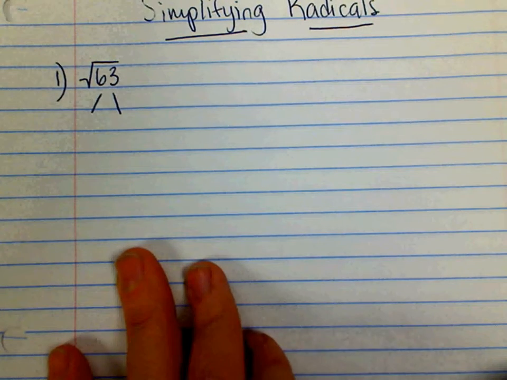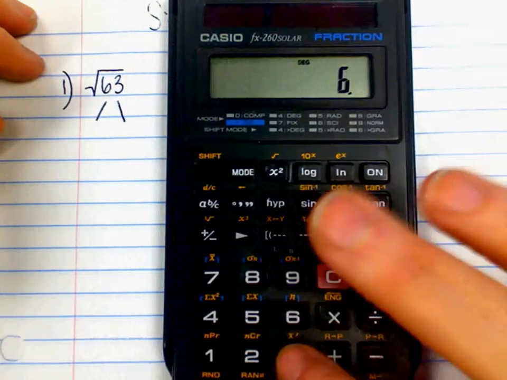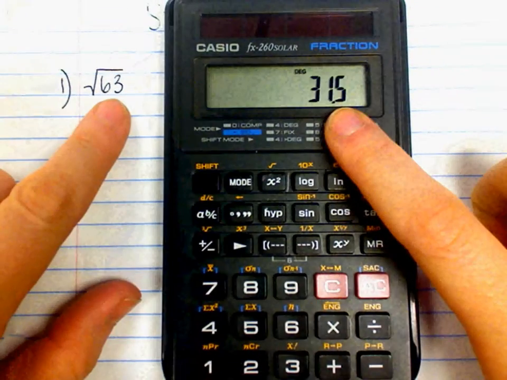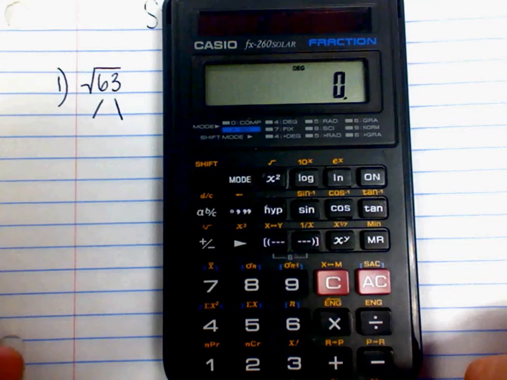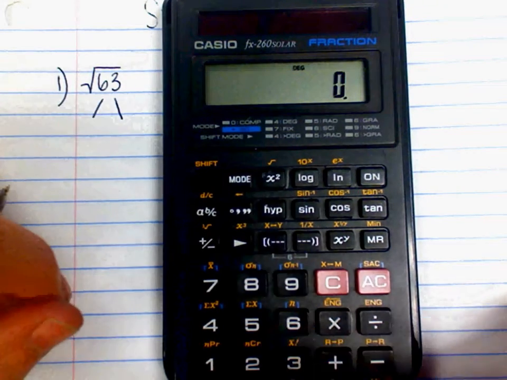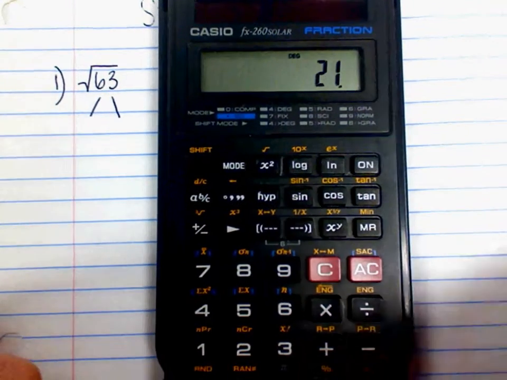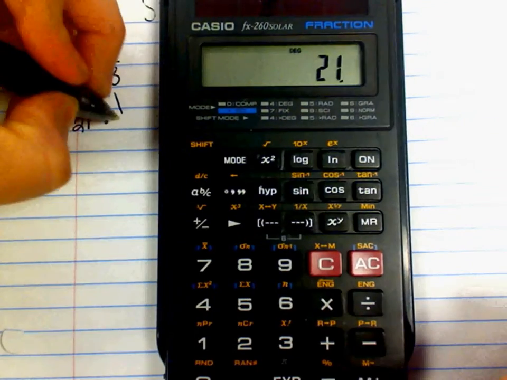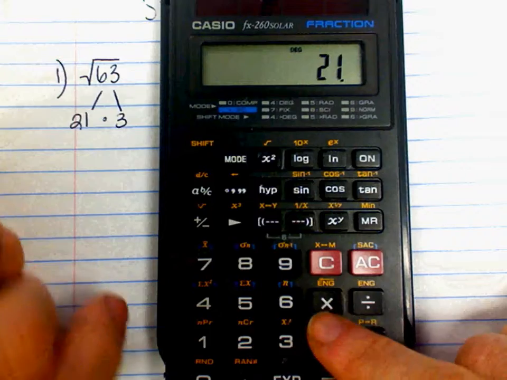Now, the trick that I told you, where you can divide by 2, doesn't work for this number because it gives you a decimal. So if dividing by 2 doesn't work, try to divide by 3. That gives you 21. So perfect. 21 times 3 is 63. You can check that in the calculator.